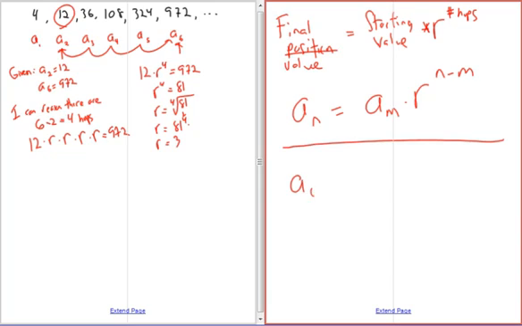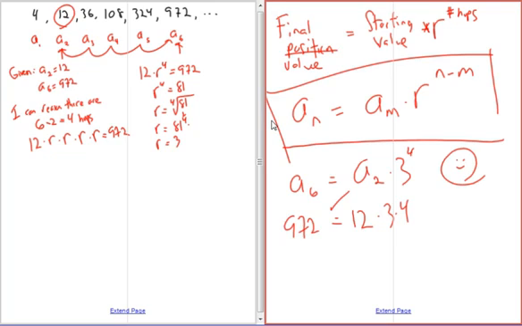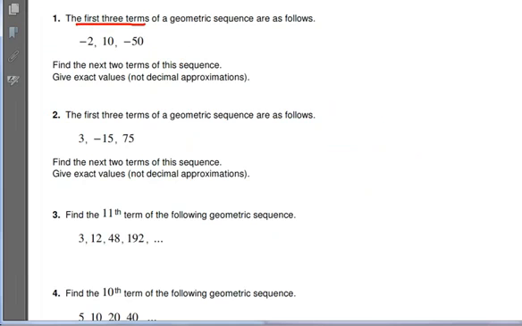All right, that's a great formula. Just to see how that worked out in this example, a sub 6 equals a sub 2 times 3 to the 4th. So that 972 value was equal to 12 times 3 to the 4th, which we saw was correct. This is a great formula to write down. So I'll box that to let you know, and let's move over to some examples.